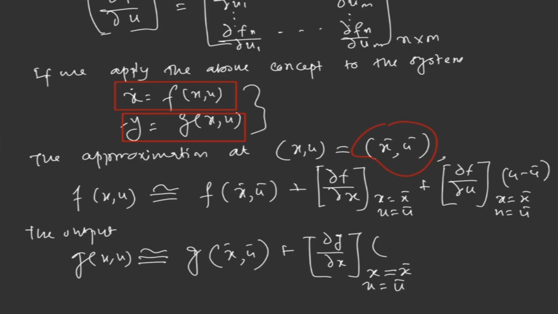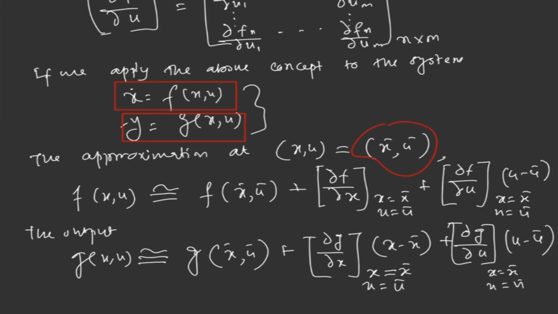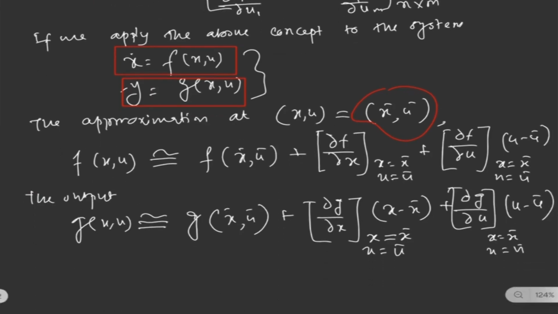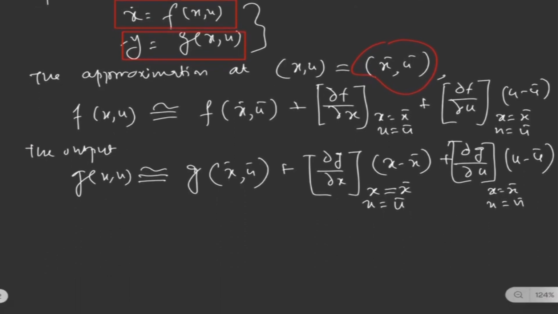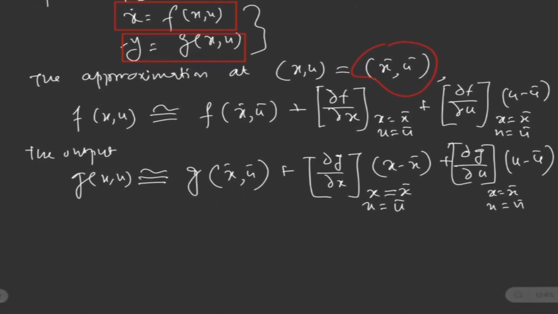So now it is x minus x bar plus dou z dou u at x equal to x bar, u equal to u bar, times u minus u bar. So this is how we find the linearized model of the output equation.